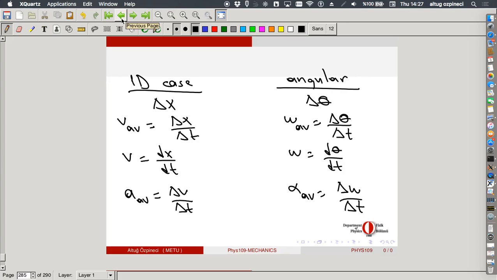So that's why angle doesn't have a unit in the way we define angles. In our framework, angles do not have any units. But to emphasize that a given quantity is an angle, we put this radians, which is just 1.